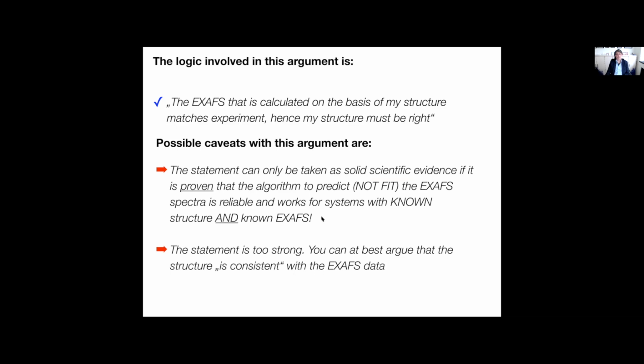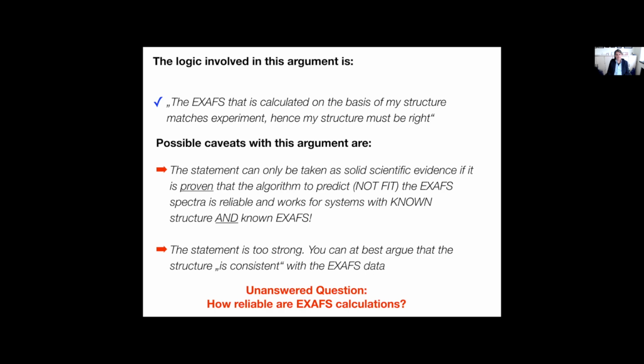Because otherwise I cannot rely on anything that the algorithm predicts when I don't know the answer. And please let me point out again, we're talking about now predicting, so not fitting the XFs. So that means there is no input from the experiment. You take the structure and predict the XFs.